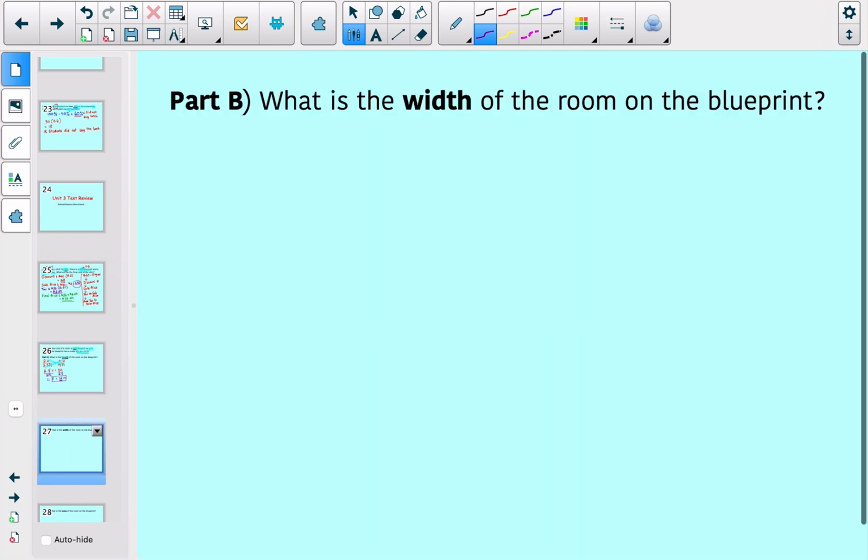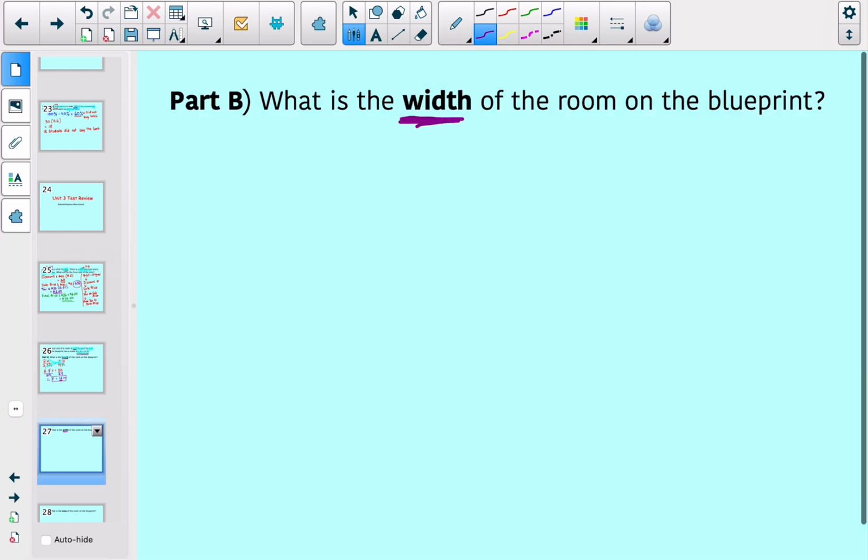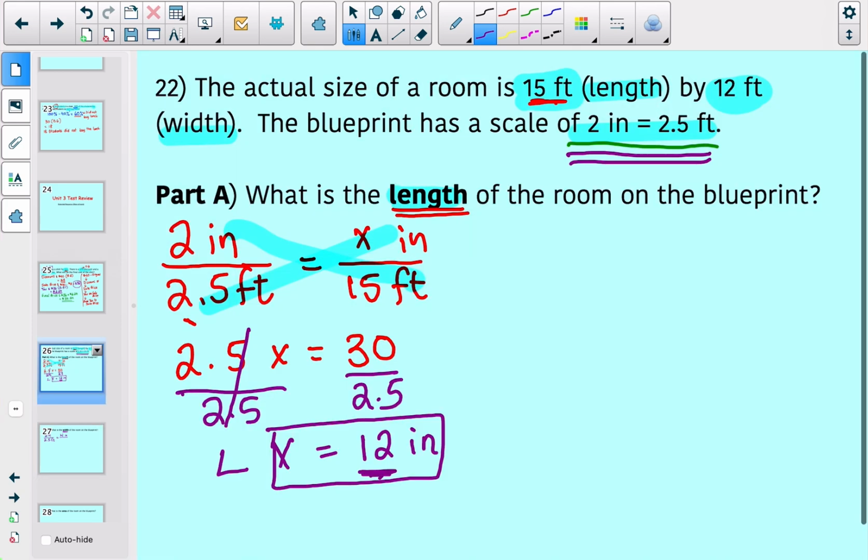All right, now let's move on to the next one. Now we're looking at what is the width. Again, I'm going to go back and grab my scale right here. So it's 2 inches over 2.5 feet equal to, do I know how many inches in width? I can put W, or you can put Y, it's not a problem, but put W just to be clear. And do I know how many feet are in there? Yes, it is 12 feet.